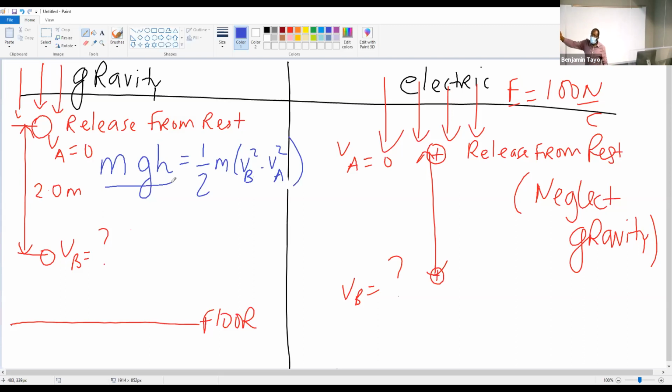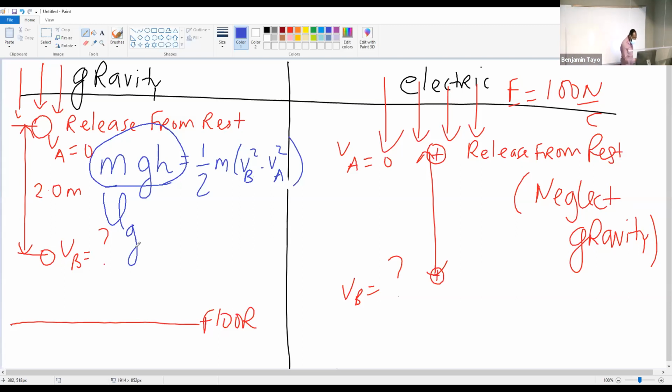It's energy, right? So do you see that this is called the gravitational potential energy, UG? Gravitational potential energy is mass times gravity times height. And what I'm saying is that gravitational potential energy gets converted into kinetic energy as the particle is dropping, right?